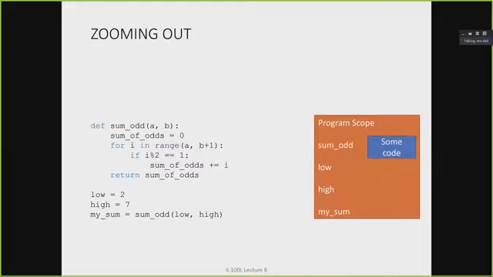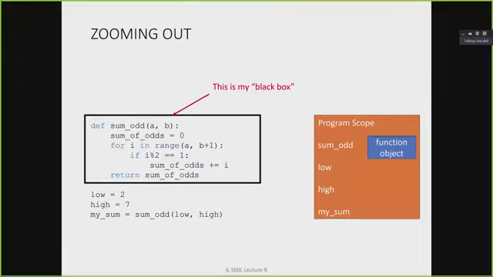We did this a little bit last lecture. This is a function that we actually wrote last lecture. It was sum of odd numbers between a and b. This was essentially our black box, right? Remember that now that we're writing functions, we are separating ourselves as a programmer who writes a function. You basically make this nice modular piece of code that can be reused over and over again.